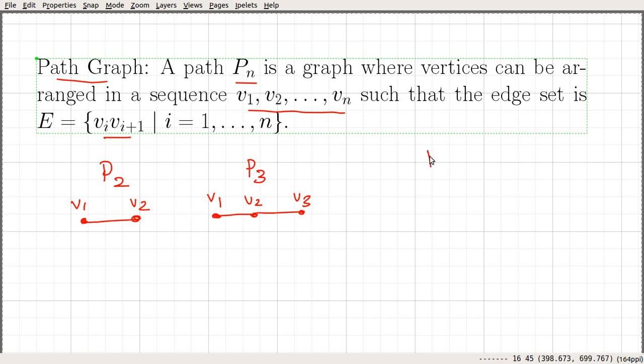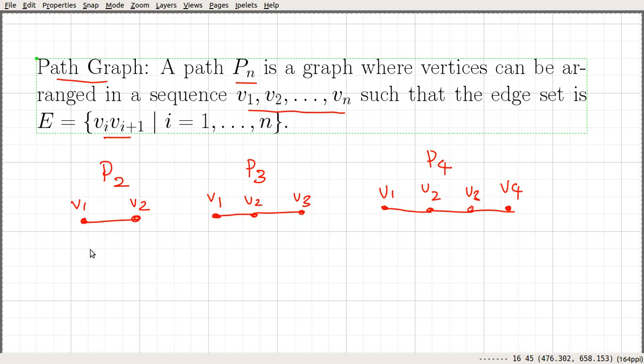Let's look into one more example, P4. By definition we have 4 vertices. Let me call them V1, V2, V3, V4. The edges by definition: there will be one between V1 and V2, another one V2 V3, and V3 V4. So let's count the number of edges.